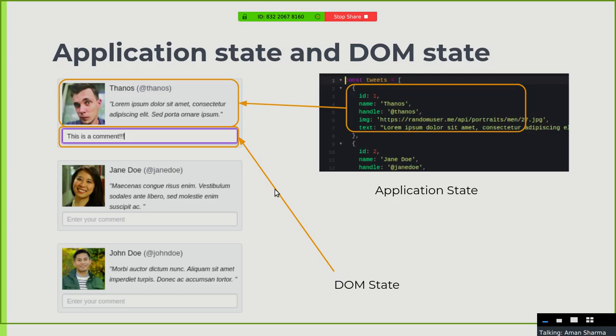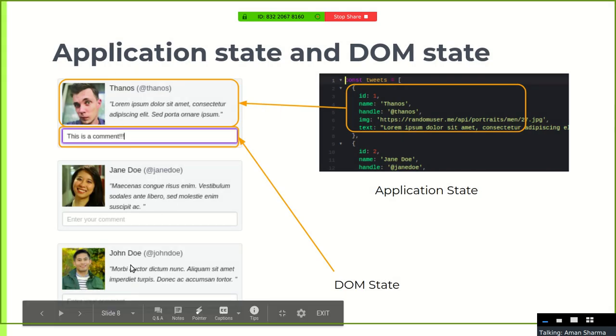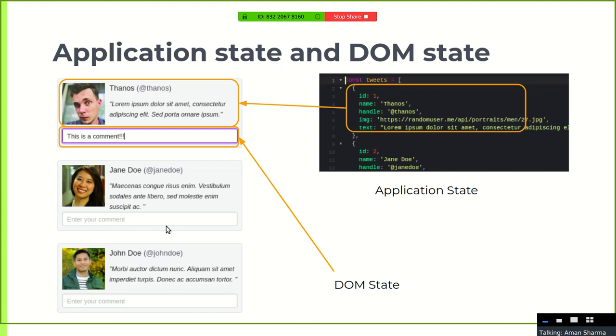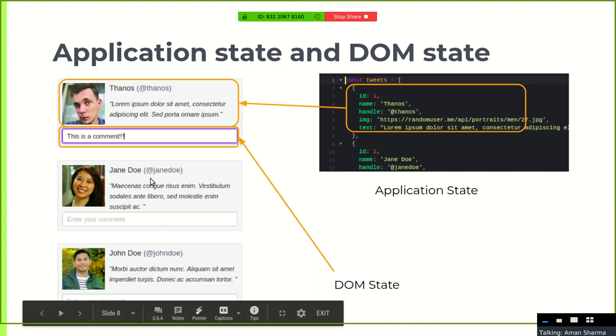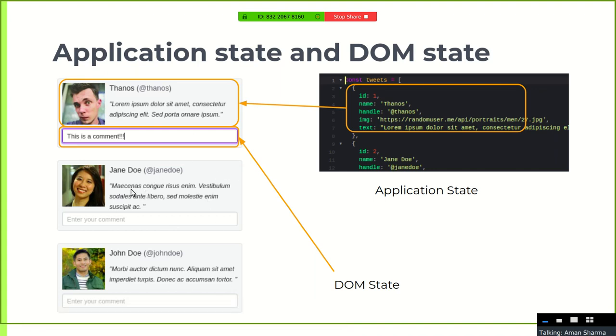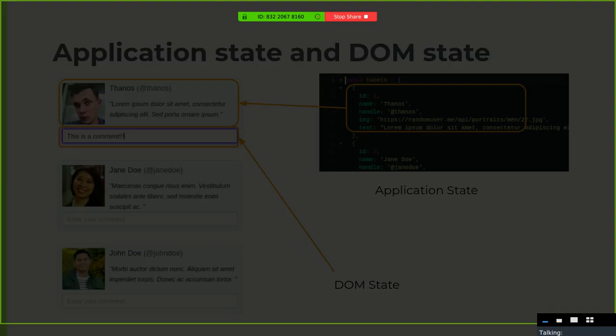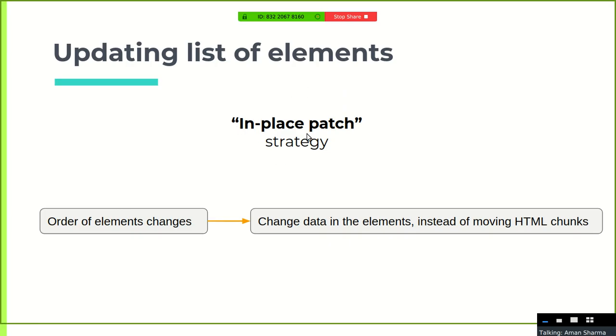Vue will not pick up each HTML chunk and shift those chunks. It will simply change the data that has been rendered over there. It won't take the HTML chunk and move it totally. It's an effort to increase performance, because the less DOM manipulation we do, the better. So Vue tries to excel in that. This is the in-place patch strategy.